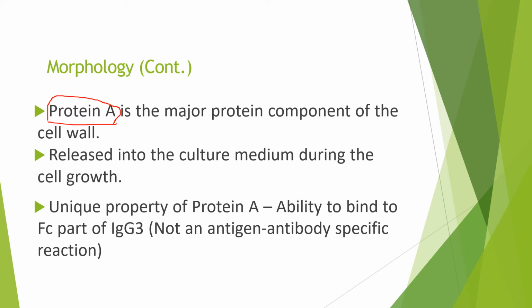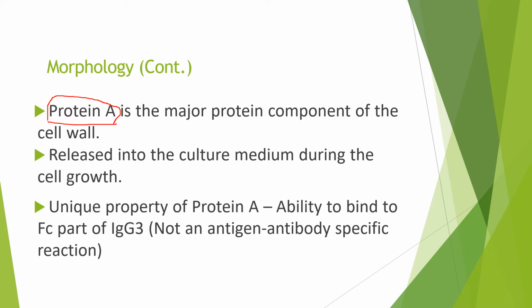The next point is that it is released into the culture medium during cell growth. This is how we can find out whether protein A is present or not: when we culture staphylococci, protein A is released during cell growth. The unique property of protein A is the ability to bind to the Fc part of IgG, not an antigen-antibody specific reaction.